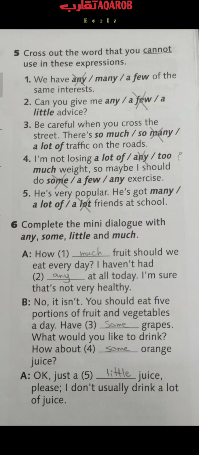Because little is used with an uncountable noun such as juice, but we cannot use a few because a few is used only with countable nouns. So number 1, much. Number 2, any. Number 3, some. Number 4, some. And number 5, little.